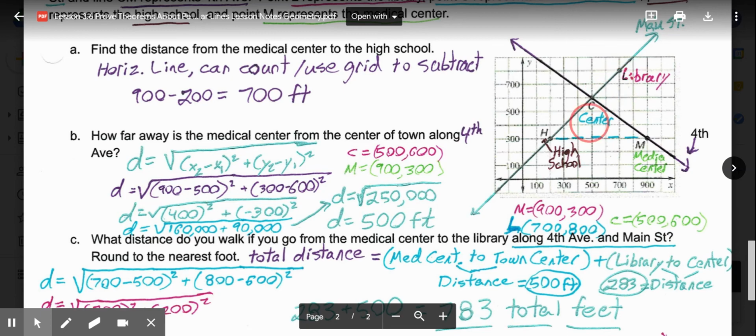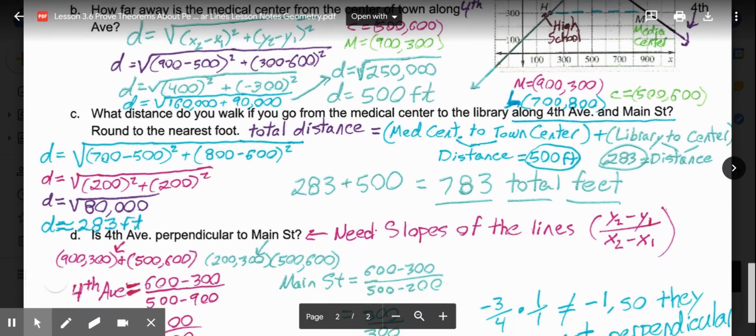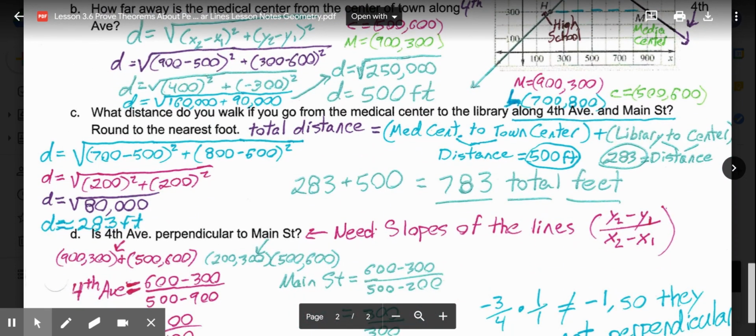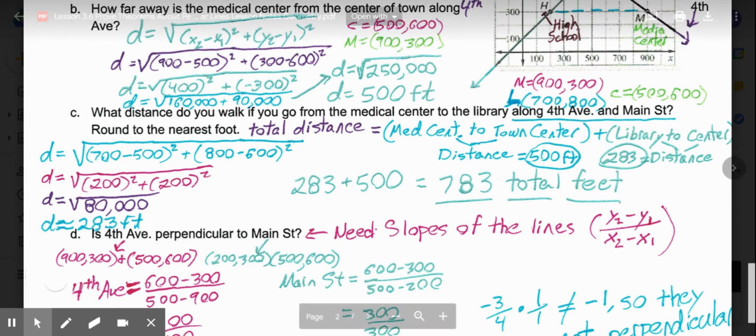So we need to figure out this distance of the town center to the library. So again, we're going to use those coordinates in the distance formula. So we know the library's at 700, 800, town center's at 500, 600.